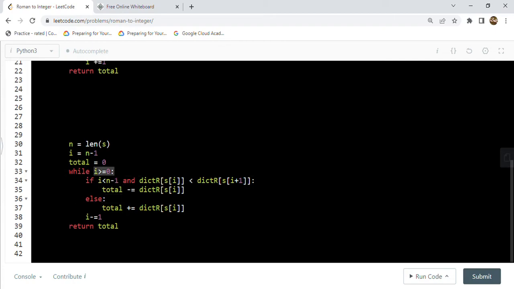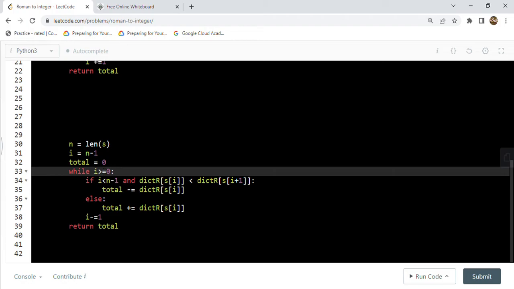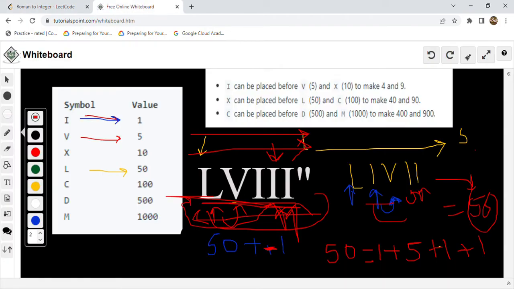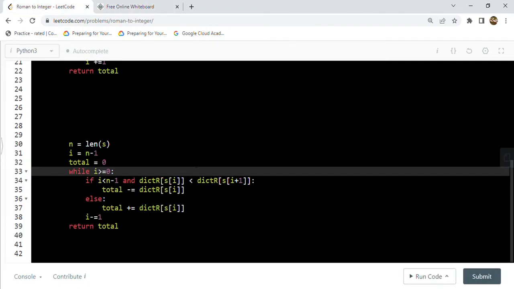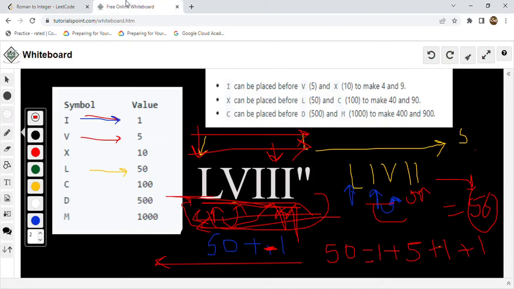Then, while i is greater than or equal to 0, we are traversing backward from the last index to the first index. Now, if i is less than n minus 1, we check this as a boundary condition, that it is not the last index.